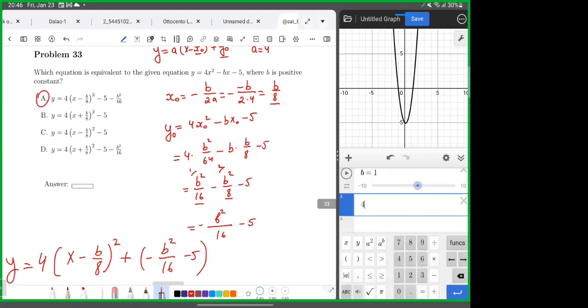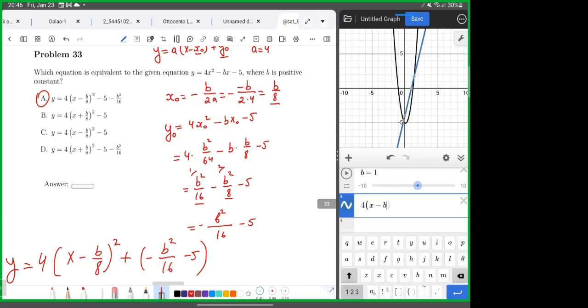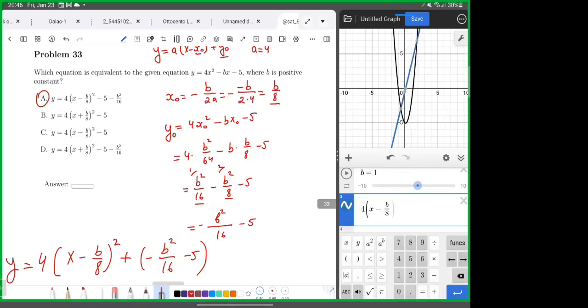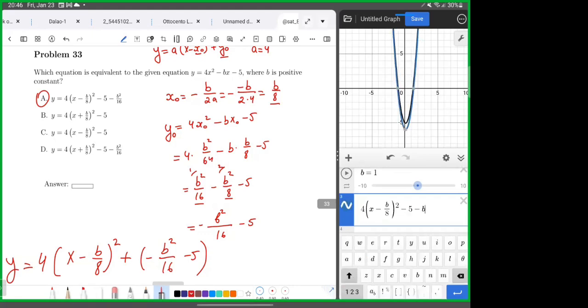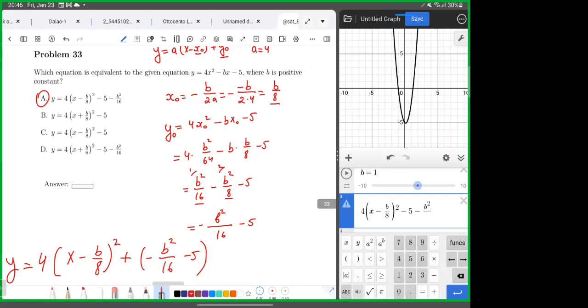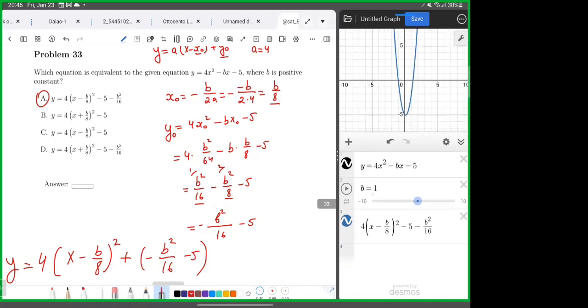So option A: 4 times (x minus b divided by 8) squared minus b squared divided by 16. I am checking option A. As you can see, those two functions are just the same.